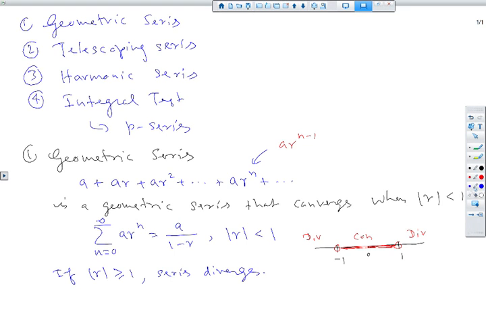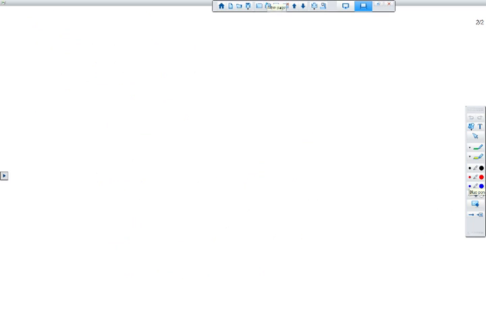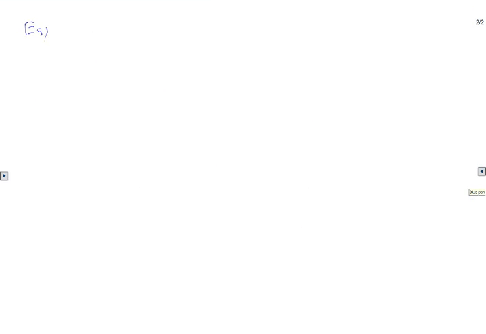Let's do 2 examples. The first one is sigma, n going from 1 to infinity, of 9 times 2 to the n minus 1, over 5 to the n.